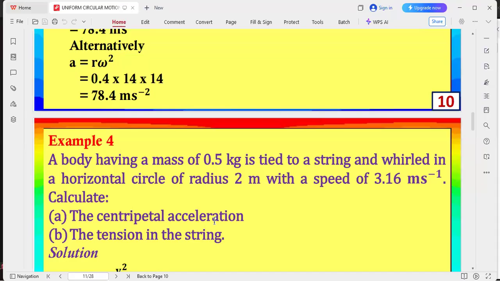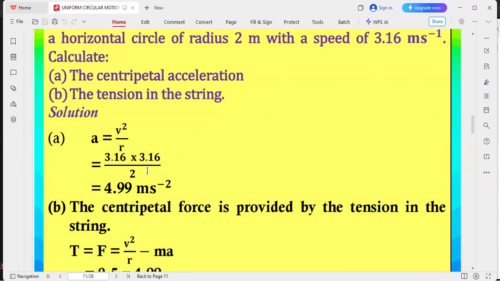Then you say the tension force equals centripetal force, which is F equals m omega squared r. Substituting, we have 0.5 times 1.52 squared times radius 2. And you get the answer as 3.24 newtons. It's the same. So the working is over here.